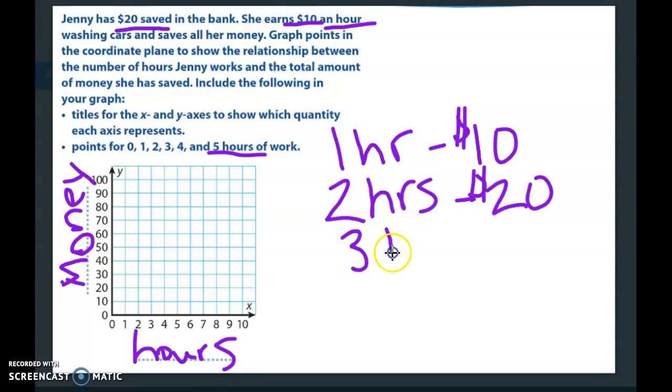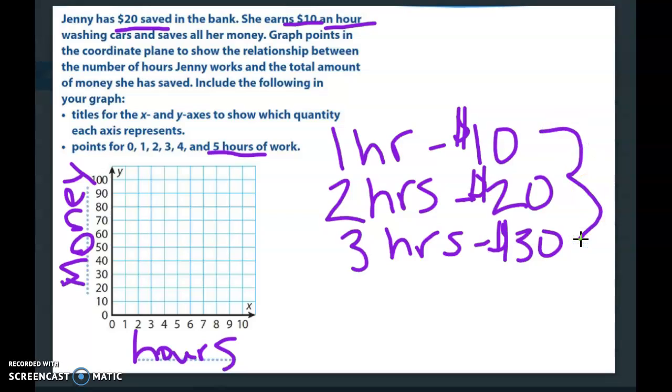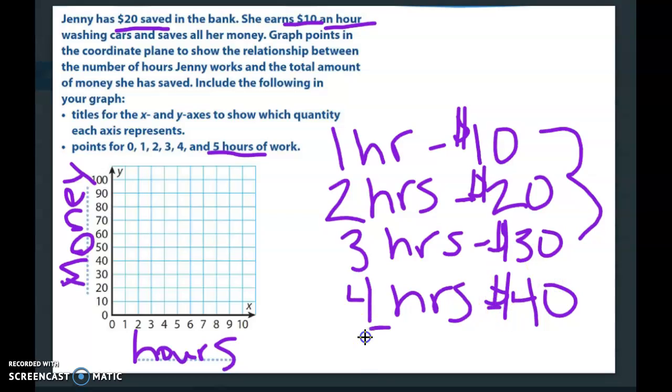For 3 hours, how much does she earn? $30. Are you seeing a pattern here? Because I'm starting to see a pattern. For every hour, she earns $10. So each time I add an hour, I'm increasing $10. 4 hours, I'm sure you can guess, is $40. And 5 hours, how much is she going to make? $50. Perfect.